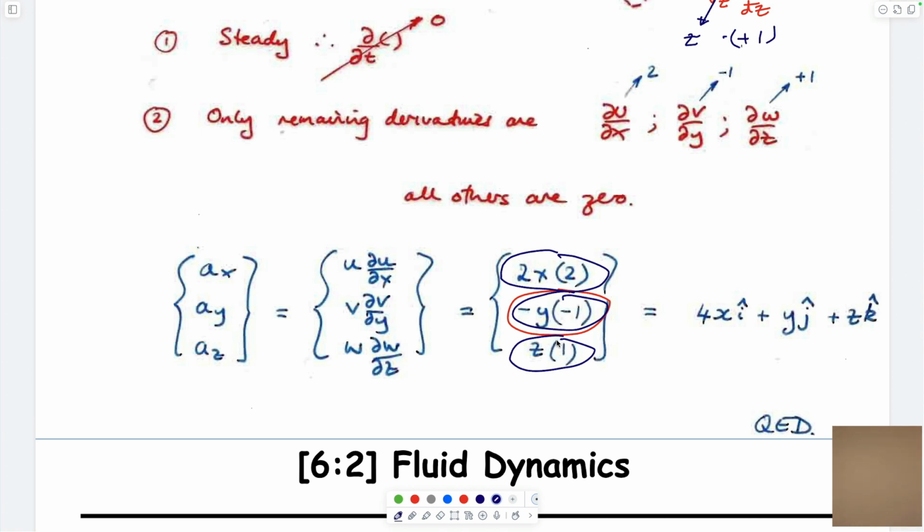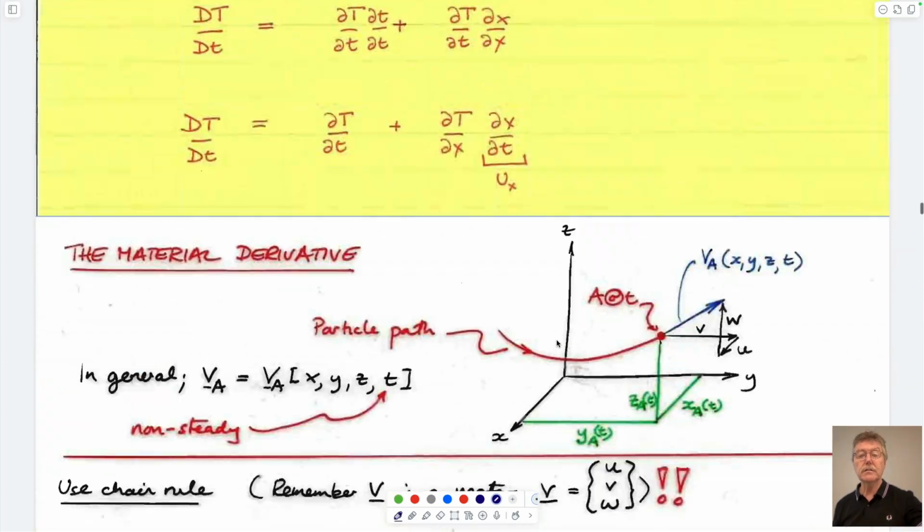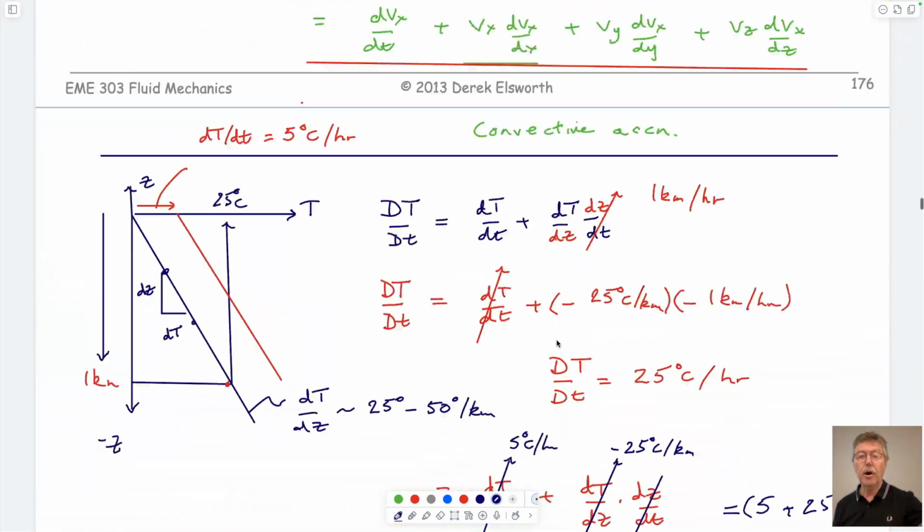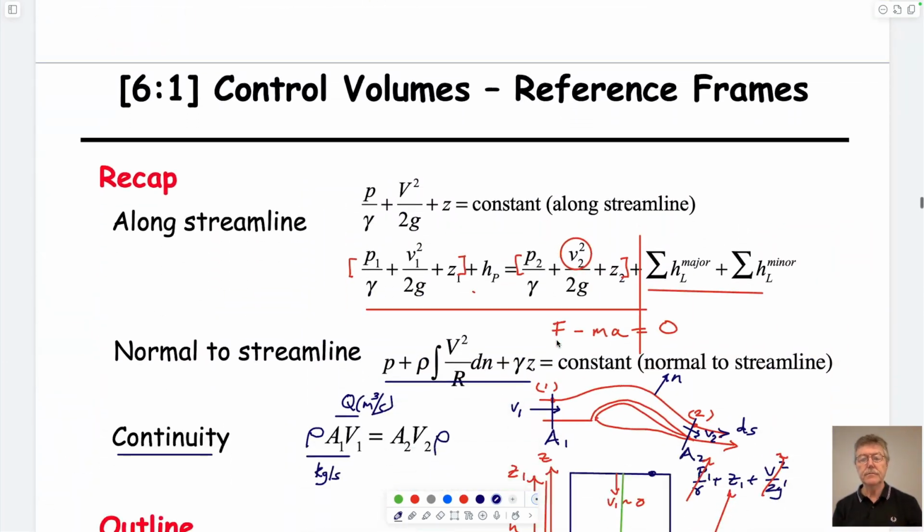And so from the slope of that dV dx and its point value Vx, you can use those two to get its convective acceleration. And of course, that is what is embodied in this term. This is the convective acceleration. This is mass times acceleration.